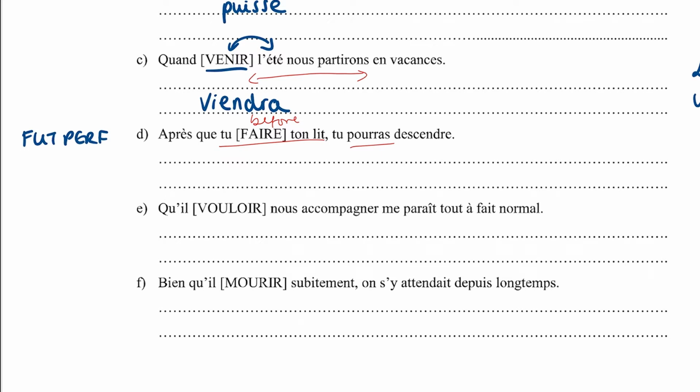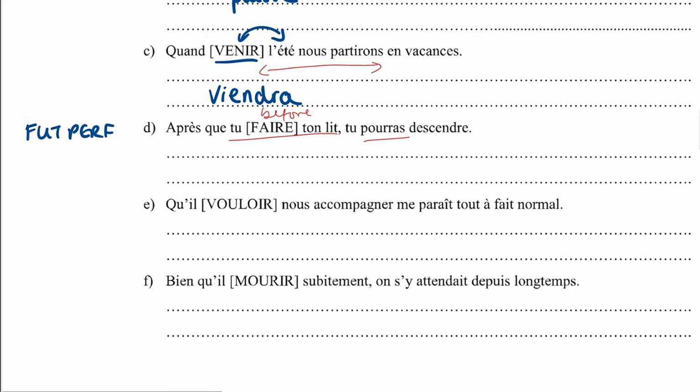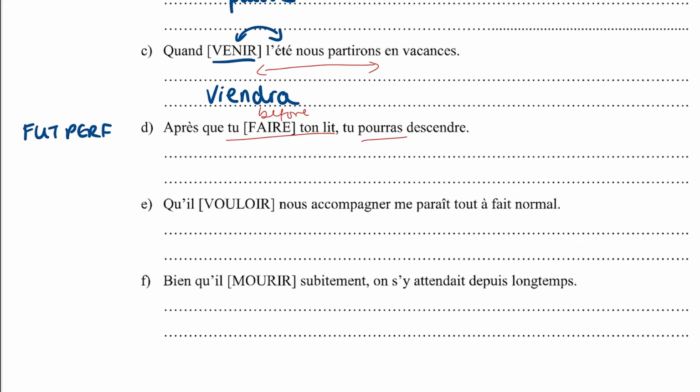And how we would translate this in English is with a past tense. Once you have made your bed, you will be able to come downstairs. And so in French, we keep the hidden future in mind, but we use a future perfect. So you'd say, once you will have made your bed, you will be able to come downstairs. Après que tu auras fait ton lit, because the future perfect is just going to be the future of avoir or être, plus past participle.